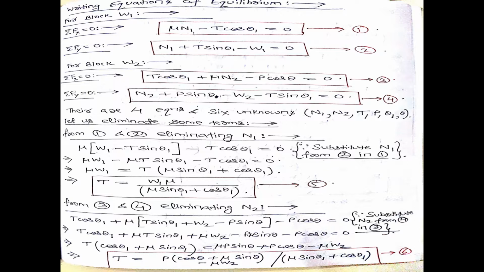I need the value of only P. So at present there are 4 equations and 6 unknowns. It is not possible to find the values of these 6 unknowns with these 4 equations.